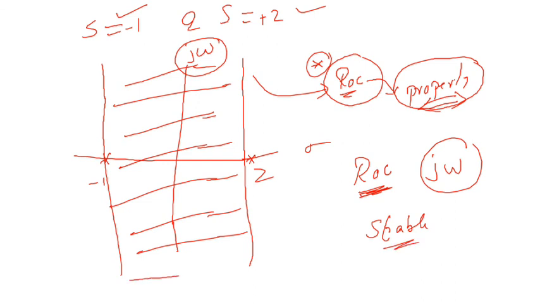So in this problem the region of convergence is clearly containing the j omega plane, so the system is stable. Okay.